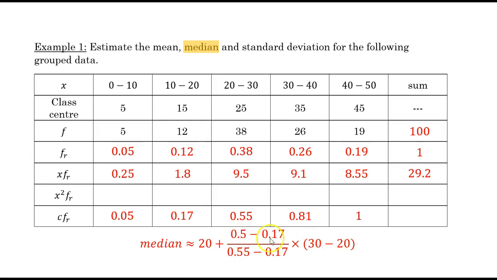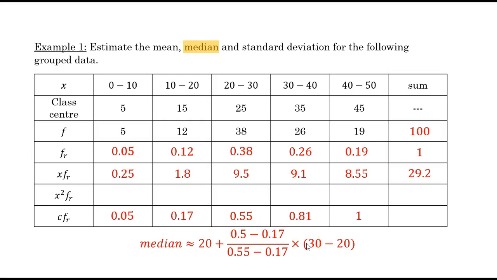So how far I need to go to get to my 0.5, divided by how much of my relative frequency is within that band. I find that proportion, I multiply it by the values contained in that band.